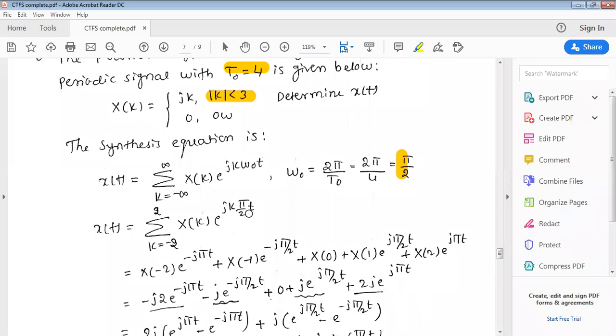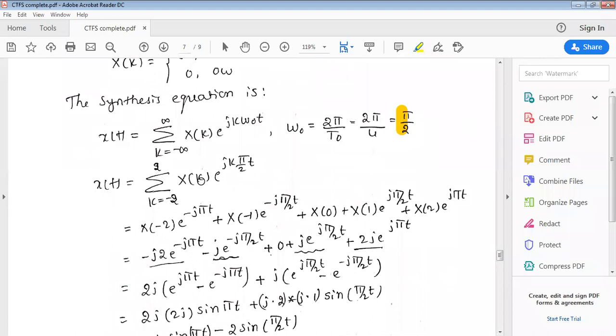Now I'll write x of -2 into e power minus j pi t, plus x of -1 e power minus j pi by 2 t, plus, putting 0, x of 0, plus x of 1 e power j pi by 2 t, plus x of 2 into e power j pi t.